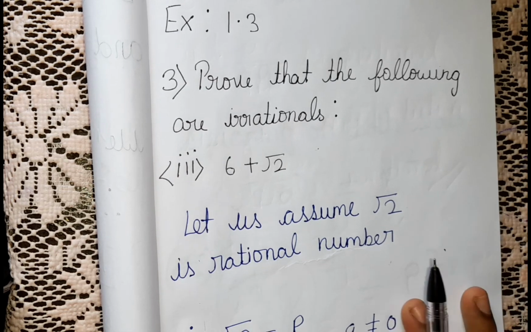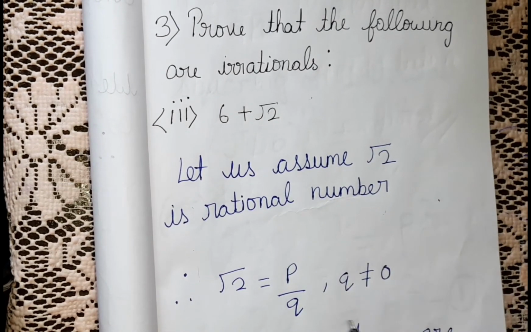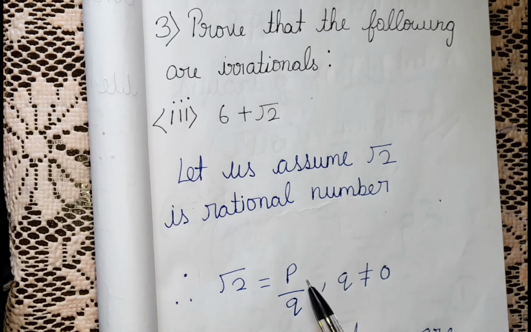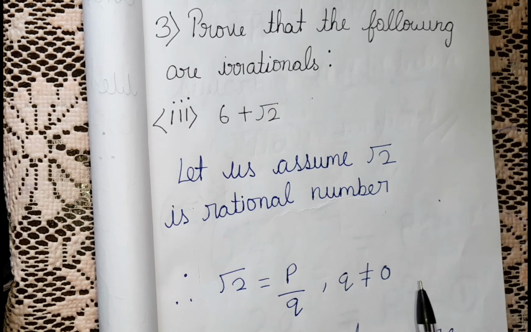That is because a rational number is always in the form p by q, where q is not equal to 0. We can't write that an irrational number is in the form p by q. That is totally wrong, because in mathematics a rational number is permanently in the form p by q. Nobody can change it, because that is the rule.